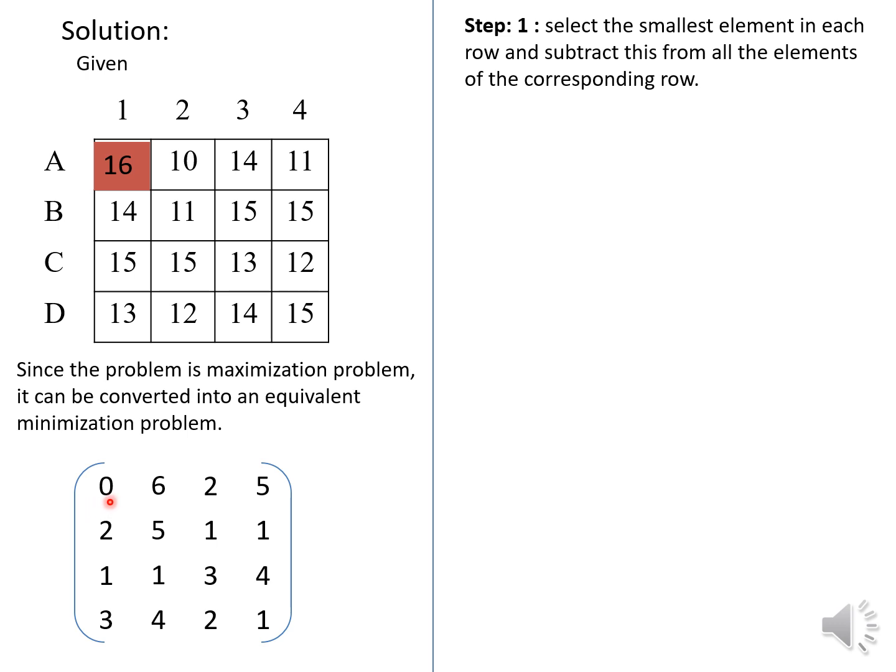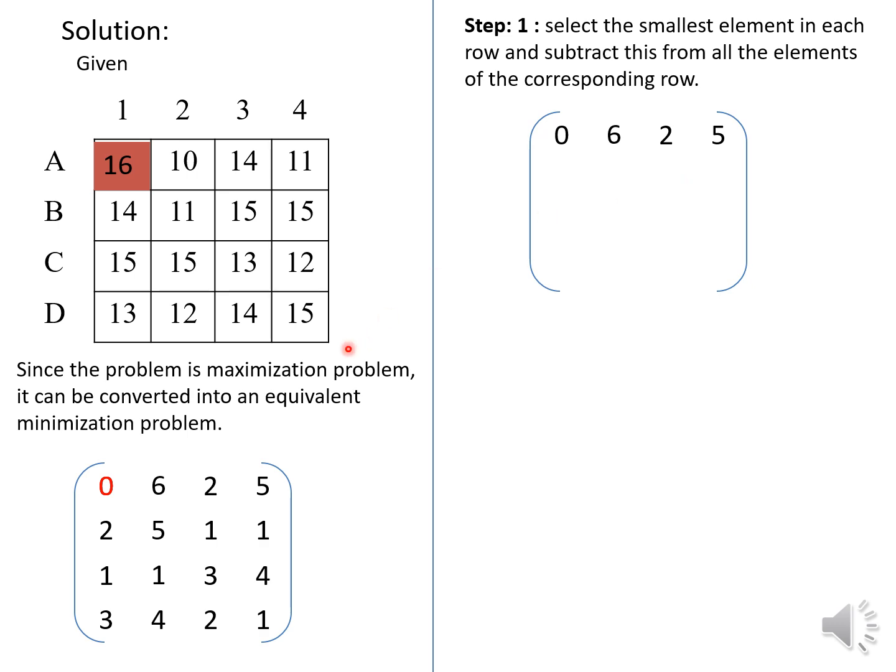That means you subtract 0 from each and every element of the row. 0 minus 0 is 0. Then 6 minus 0 is 6. Then 2 minus 0 is 2. Then 5 minus 0 is 5.